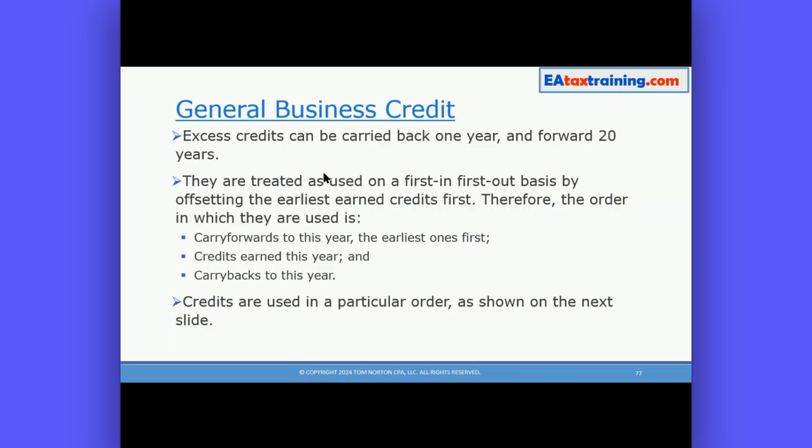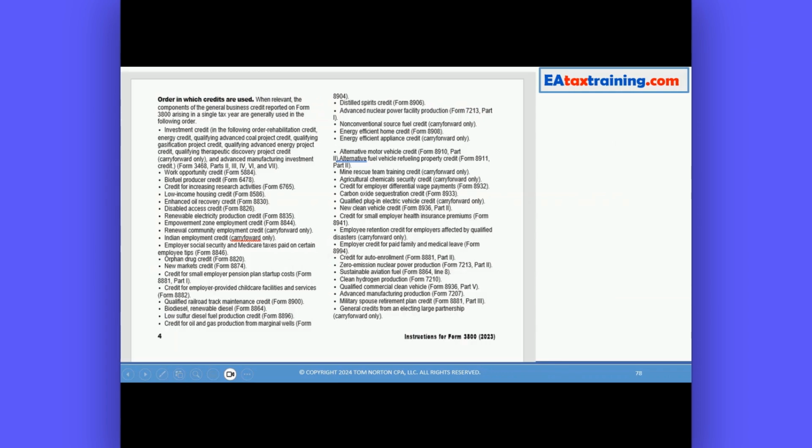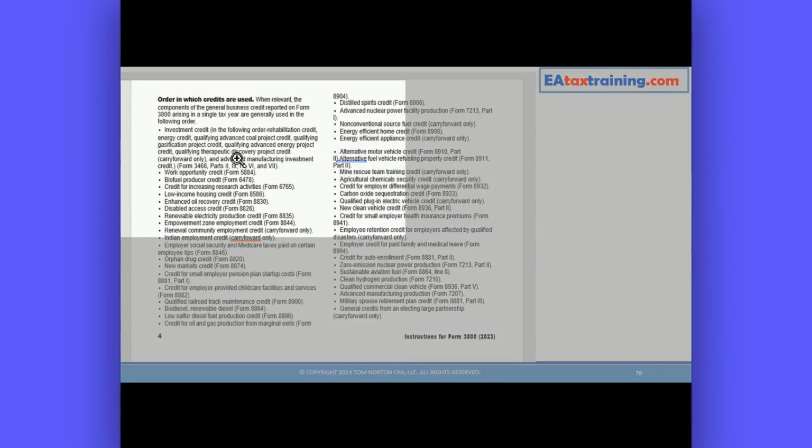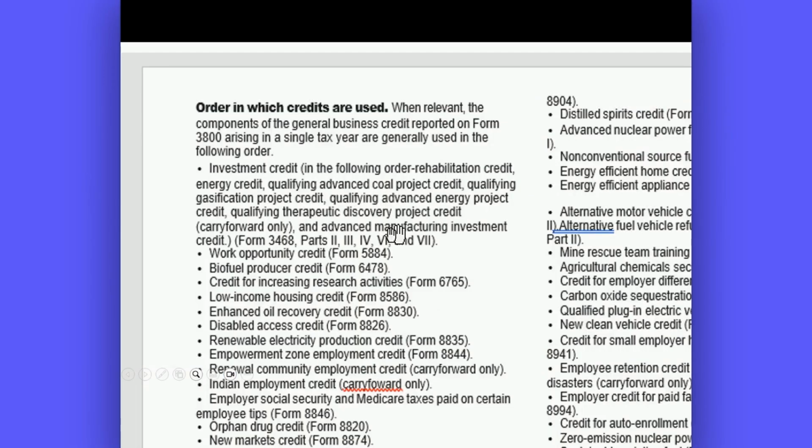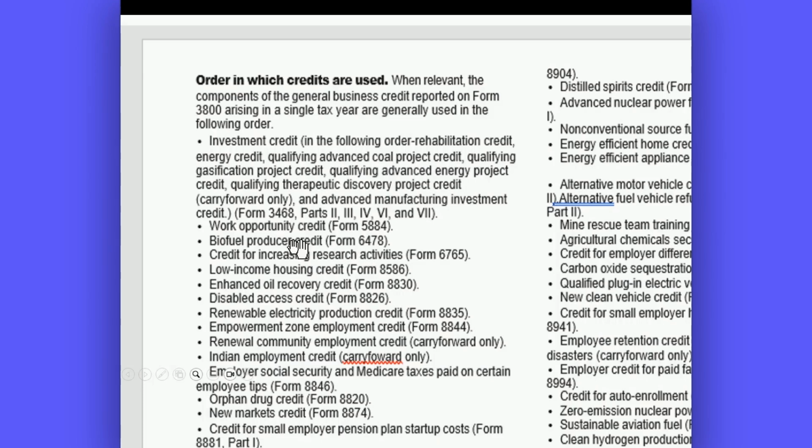And the credits are used in a particular order depending on the type of credit that we will show you on the next slide. So this is a list of all the credits that are included in the general business credit, and this is the order in which they are used. So let's zoom in a little bit on this. You can see the very first one is the investment credit, and then within the investment credit, there are different specific categories of credits, and so it shows you the order in which they are used.